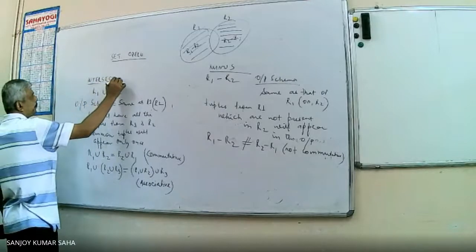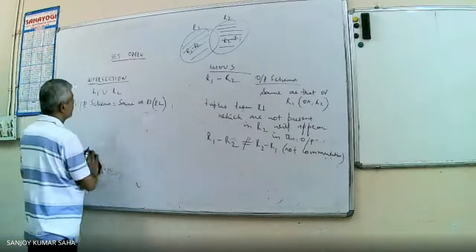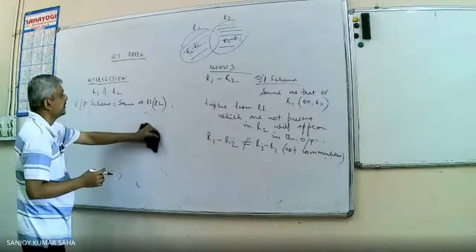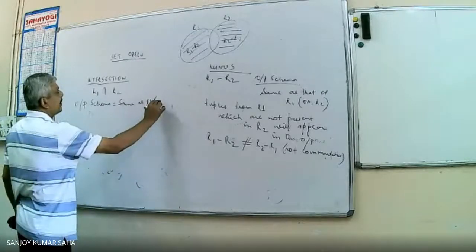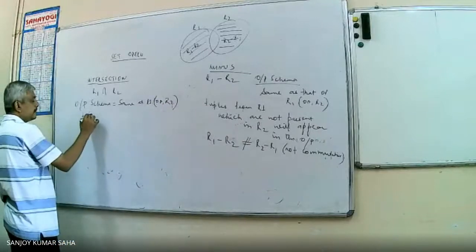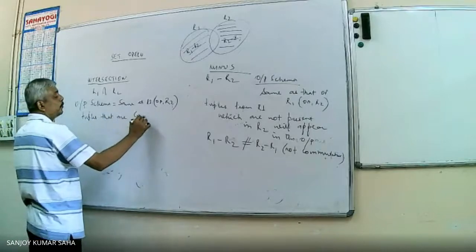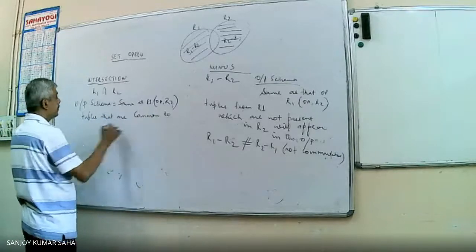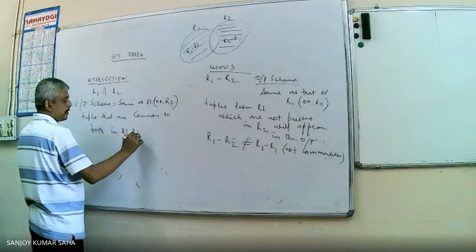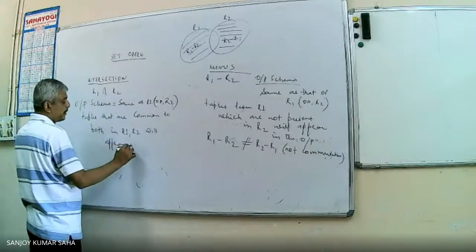Intersection. So R1 intersection R2: the output schema is the same as R1 or R2. Tuples that are common to both will appear in the output.